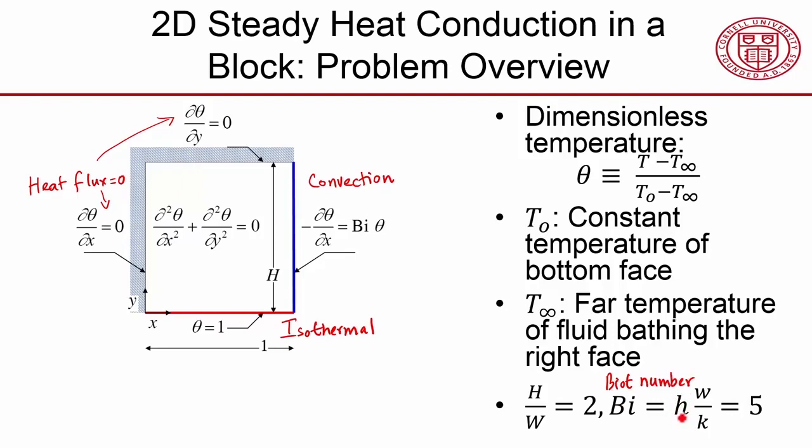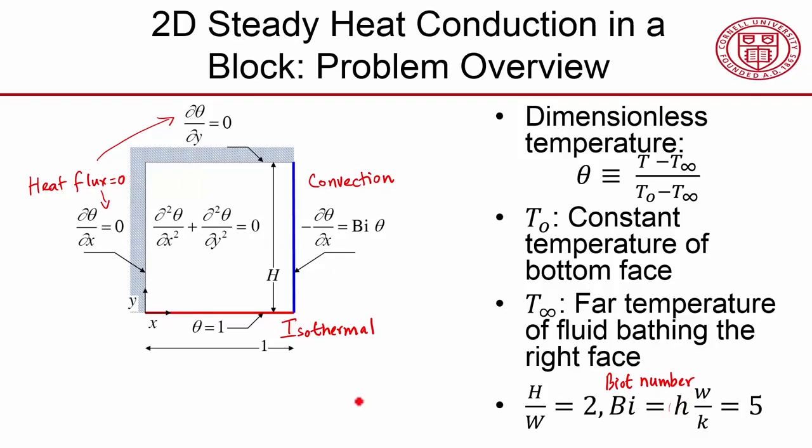And the convection coefficient gives you a measure of how much heat is being exchanged between the block and the fluid. So for instance, if our fluid was air and we put a fan and we blew the air, we would have more heat transfer happening between the two, and we would represent that by a higher value of h.